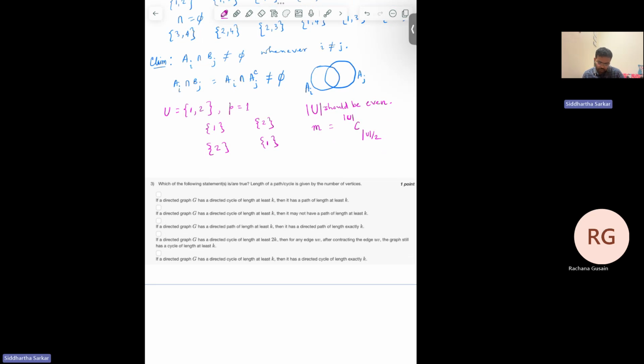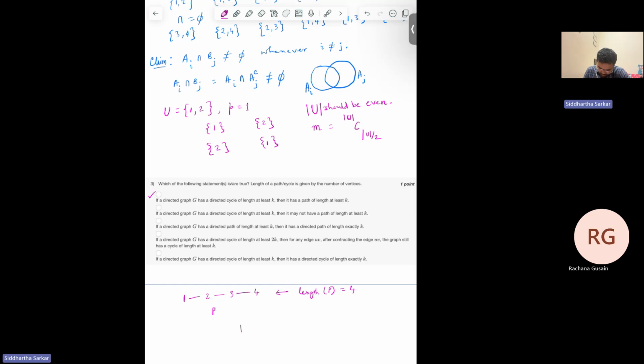Okay, so we want to determine which of the statements are true and which are false. So let's look at the first question first. The length of a path is not the number of edges in the path, but the number of vertices in the path. So for example, if I have this path, then I will say that the length of this path is 4 because there are 4 vertices in this path.